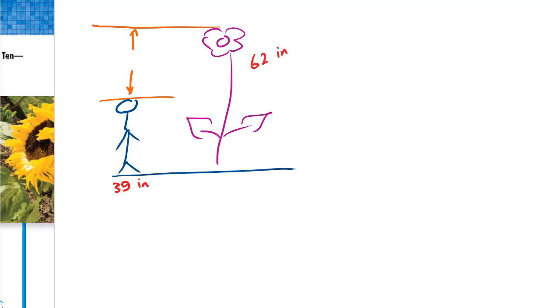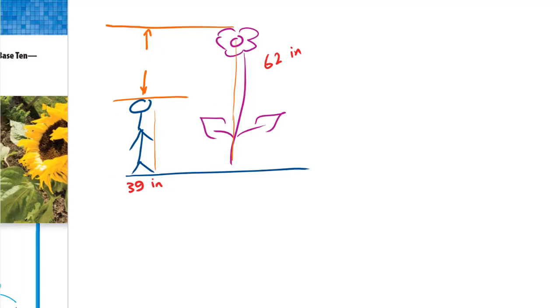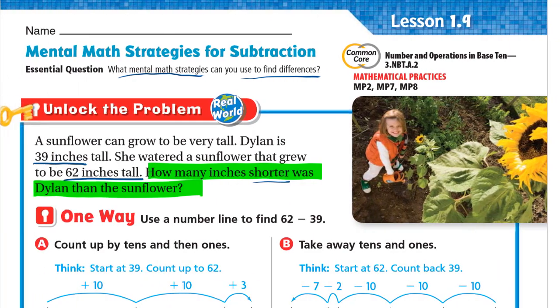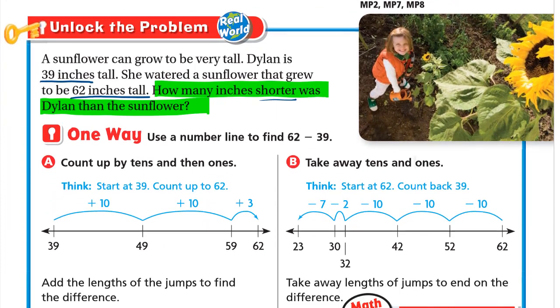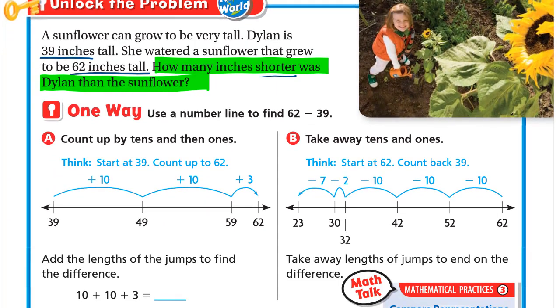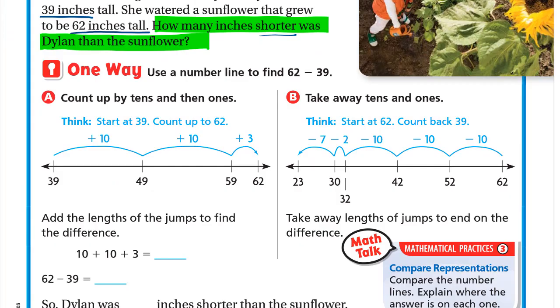So hope you now can see that to get this distance we should subtract 62 minus 39, the length of the sunflower minus the length of Dylan, to know how many inches shorter Dylan is. So the first way is using the number line. We'll use the number line to find 62 minus 39.